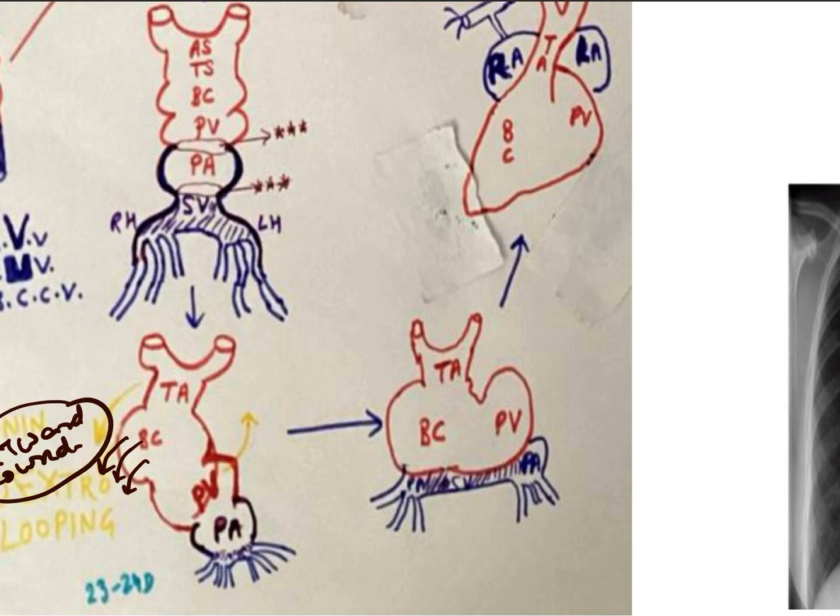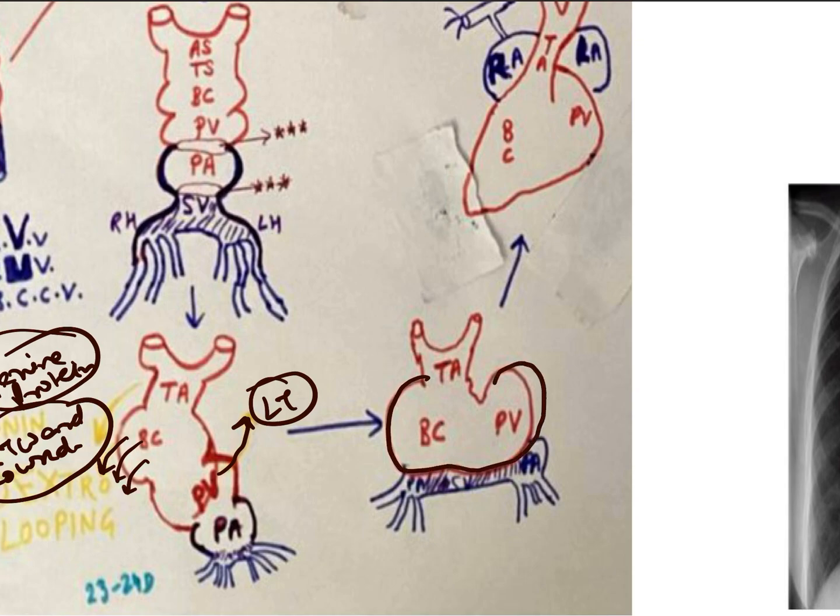This movement occurs because of dynein protein, and because of this the primitive ventricle starts shifting to the leftward side. Hence the mid part of the tube takes this configuration, and here is our truncus arteriosus.